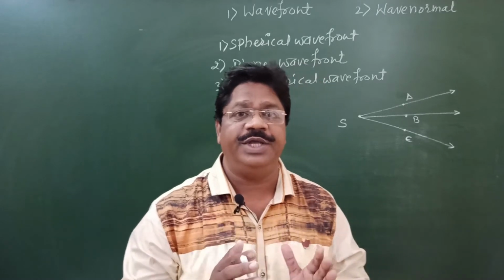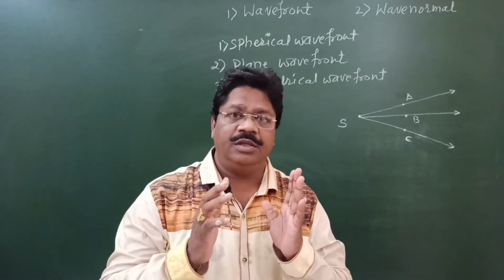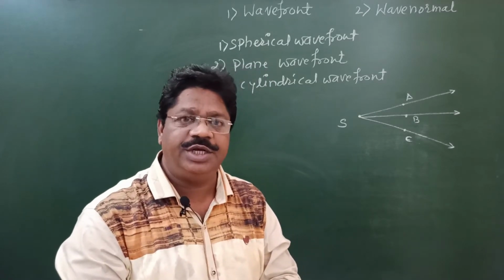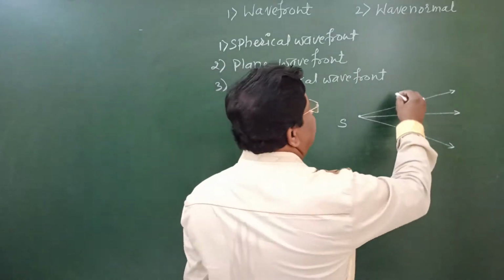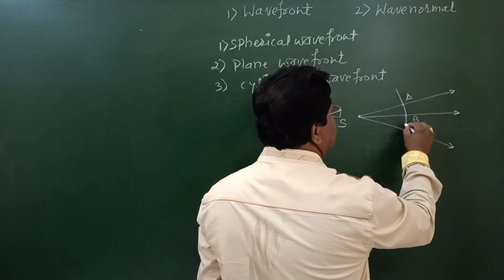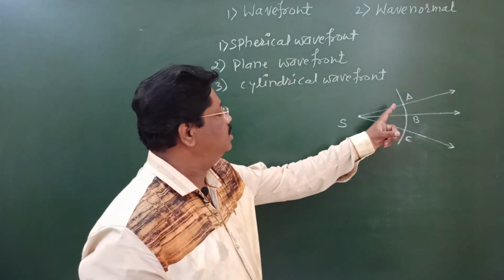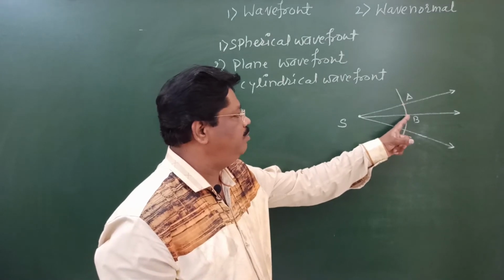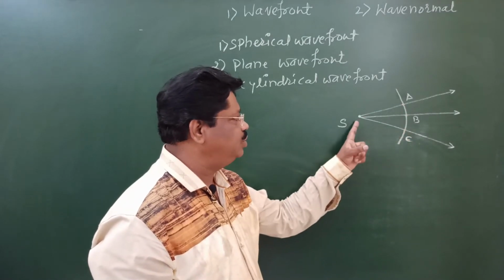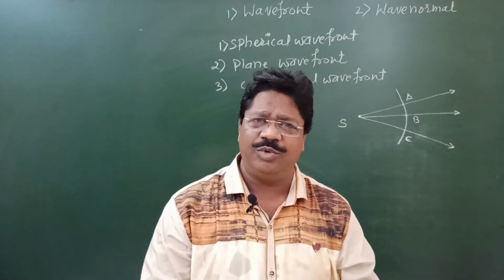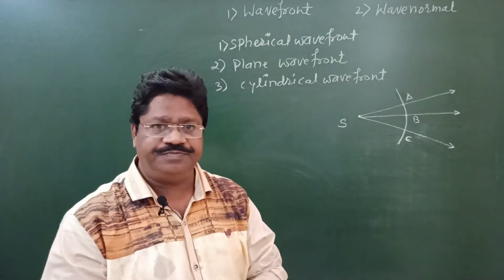in the same phase. Therefore the envelope, or the common tangent drawn to these 3 points A, B, C, is in the form of a sphere, and therefore this is a spherical wavefront ABC, as the source is at a finite distance. Then again we can draw a large number of wavefronts after another time.